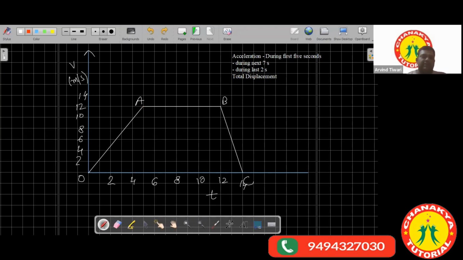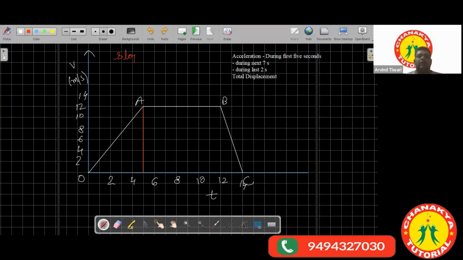Okay, shall I explain this out? Okay, just see this first portion. You have to find out the acceleration during first 5 seconds. If I join the graph for the first 5 seconds, I obtain the graph OA. For this graph OA, the slope of the graph will give me the acceleration.